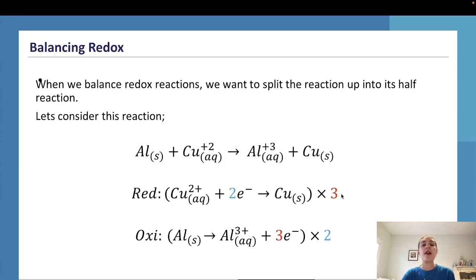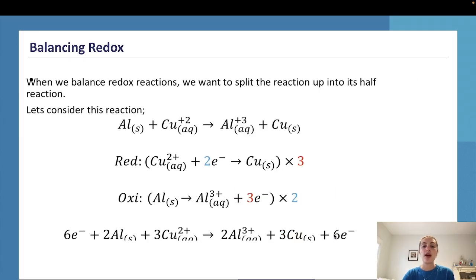So we need to find the lowest common multiple. So the lowest common multiple between 2 and 3 is going to be 6. So we need to multiply our reduction reaction by 3 and our oxidation reaction by 2.